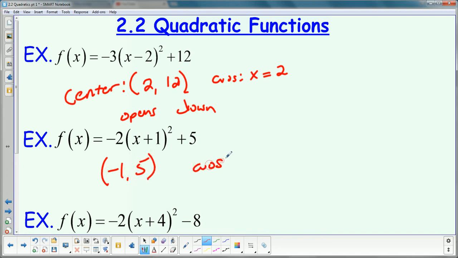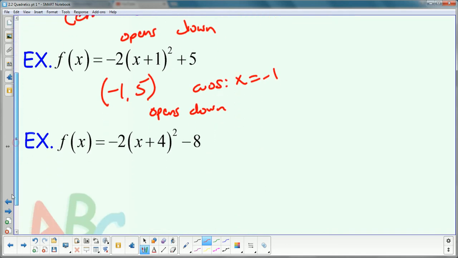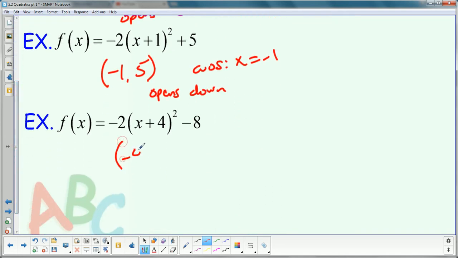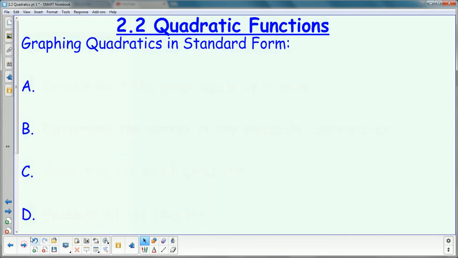Our axis of symmetry is going to be x equals -1, and this one also opens down. Okay, last one then, our center would be -4, -8, and our axis of symmetry is going to be x equals -4, and all three of these examples open down.